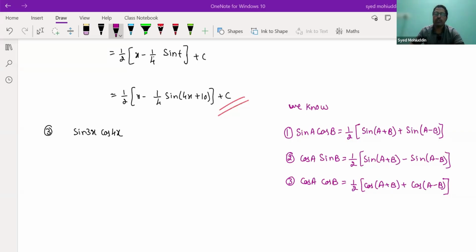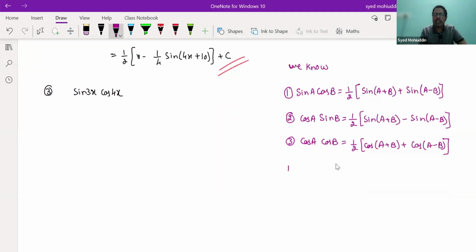So let us try to see when you are having sin A sin B. That is the last formula, sin A sin B. If you want to write down the formula in terms of minus sign outside, then you can write it this way: minus half times of cos of A plus B, so the only difference is minus will be coming here, cos of A plus B minus cos of A minus B. All right, these 4 sets of formulas you need to remember.